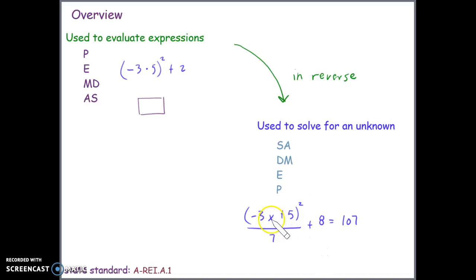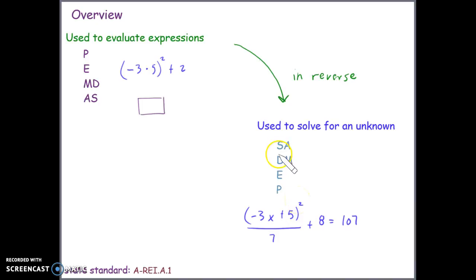And we have to try to get the variable by itself, so we're trying to get rid of the numbers. A lot of times we are confused as to what number we need to get rid of. Do we need to get rid of the -3, the 7, the 8, or the exponent? Which number do we get rid of first? So using PEMDAS backwards, or using SADMEP, is a strategy for figuring out which operation or number to eliminate first.